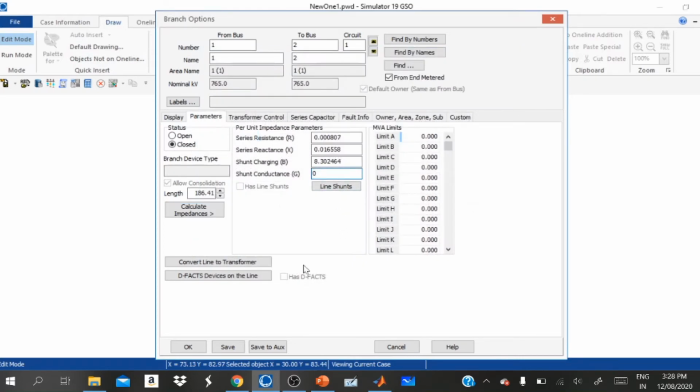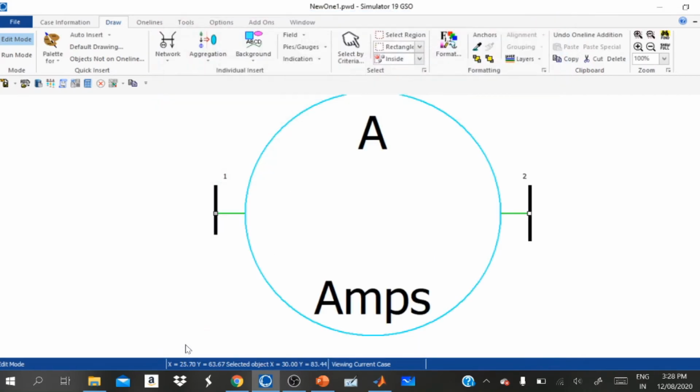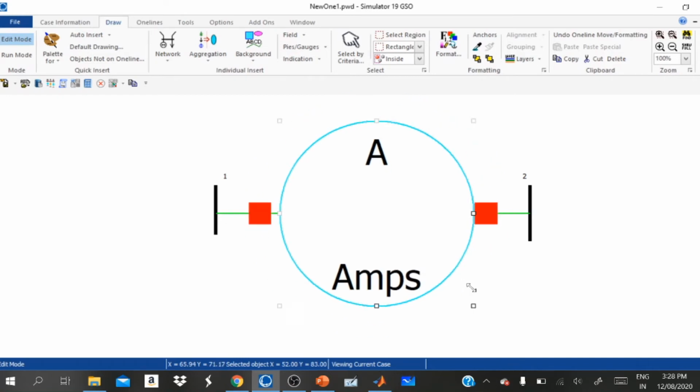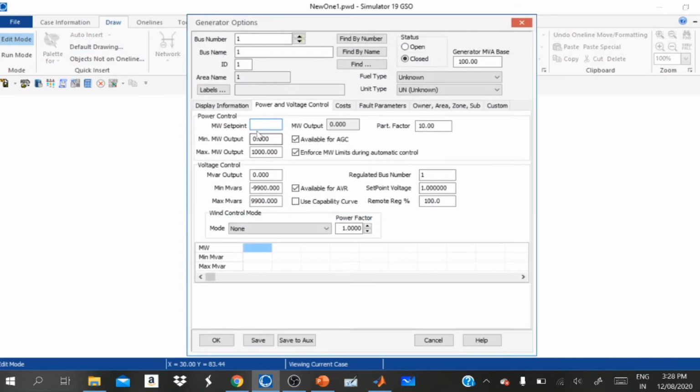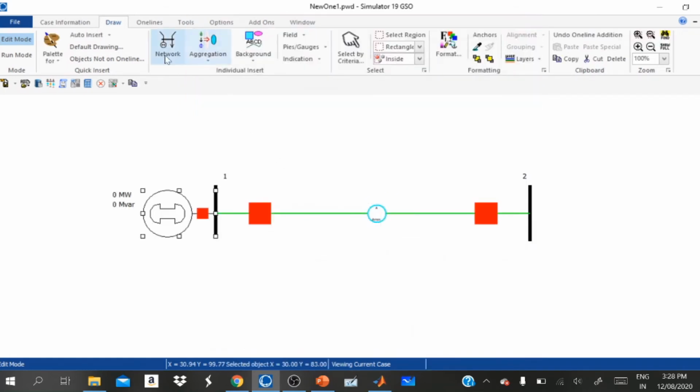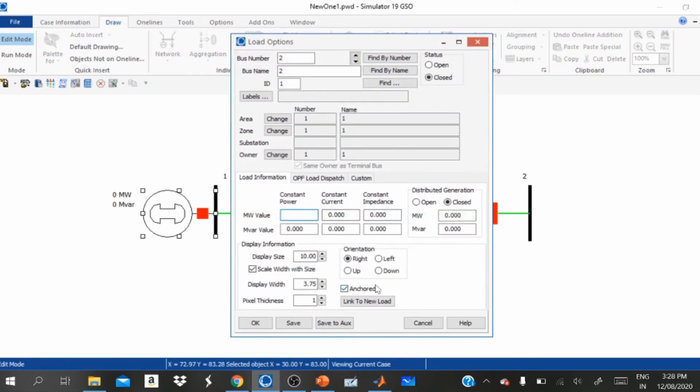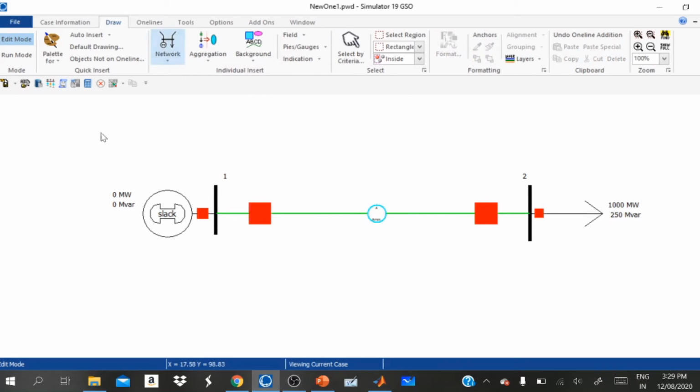There is no shunt conductance in our problem. Now we can connect a generator at bus 1 and a load at bus 2. A load of 1000 megawatt, 250 MVAR is connected.